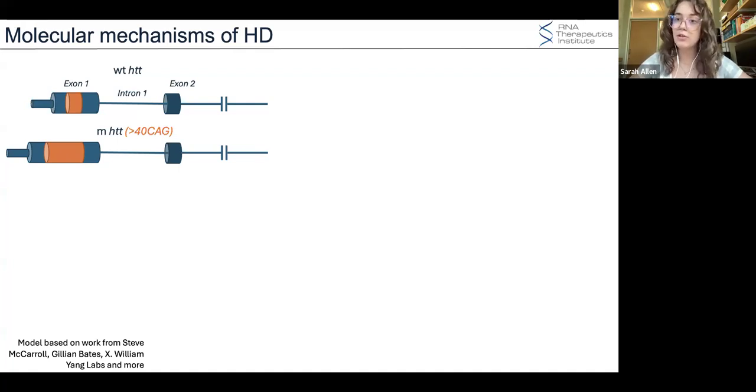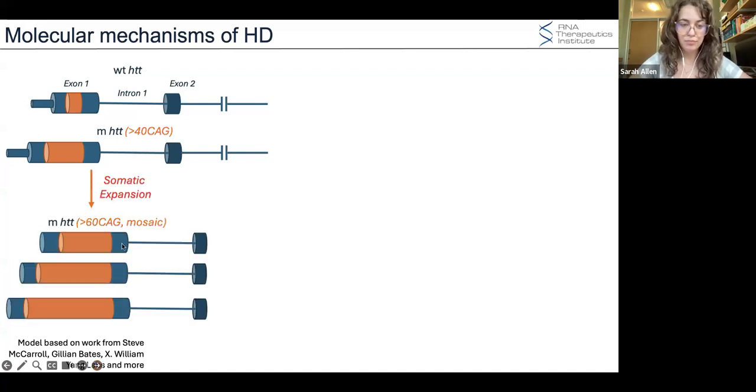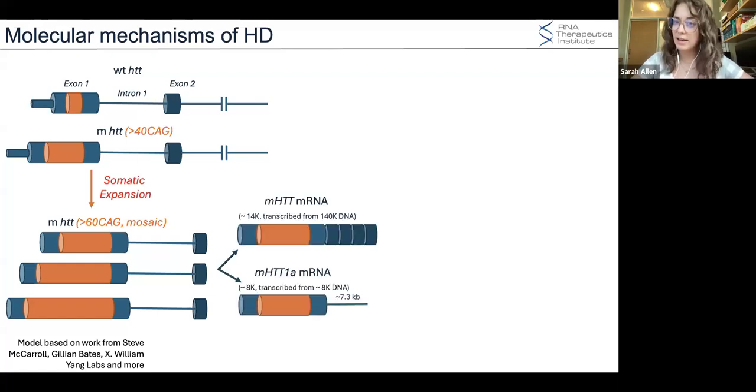The gene undergoes somatic expansion over time, and this causes an accumulation of CAG repeats up to 60 repeats and then 150 repeats. It gets greater over time. And this somatic expansion of the DNA is then translated into the mRNA of Huntingtin.